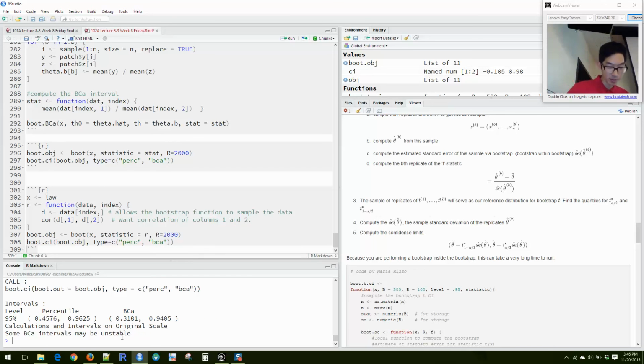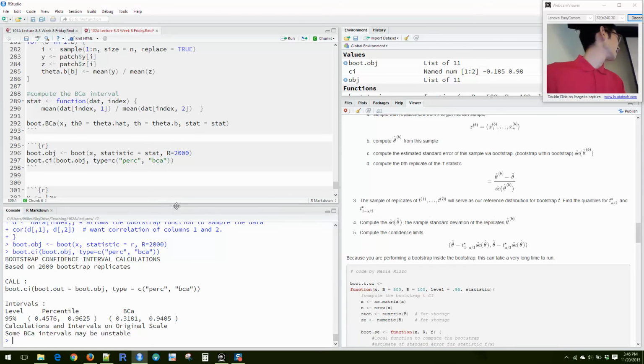Okay, well, it said something might be unstable here, but okay, so this is the Bootstrap confidence interval for our law school thing. Creating a 95% confidence interval based on just the percentile of our Bootstrap estimates, we get this, and then when we adjust it, we get something else.